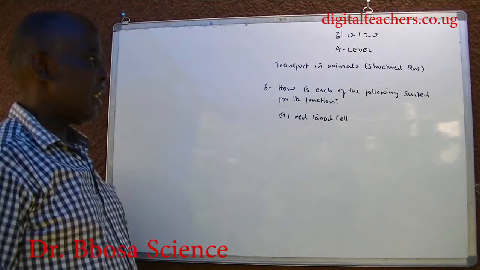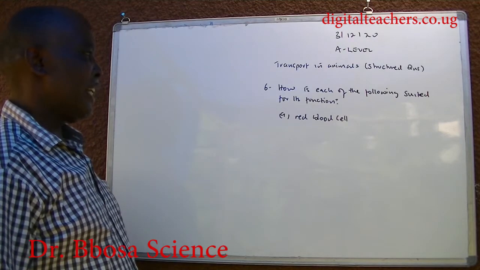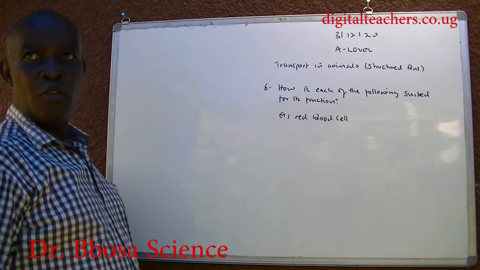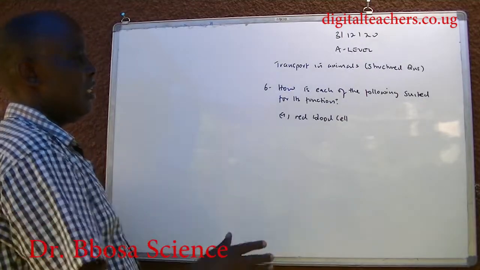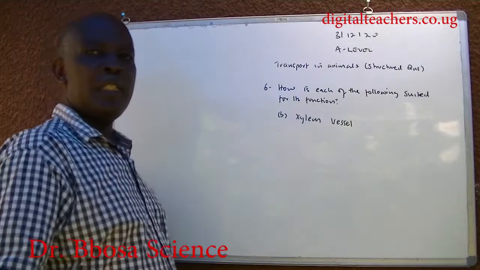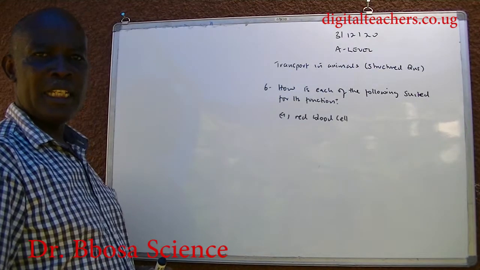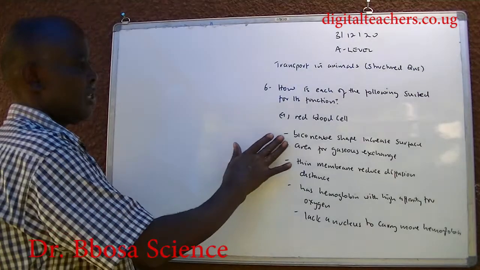Number 6. How is each of the following suited for its function? A. Red blood cell. B. Xylem vessel. You can pause and answer.